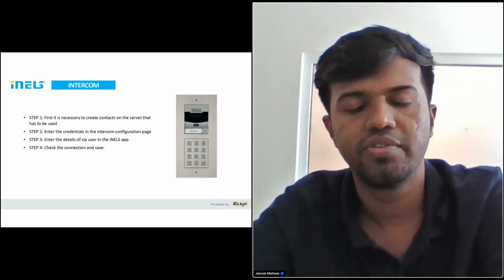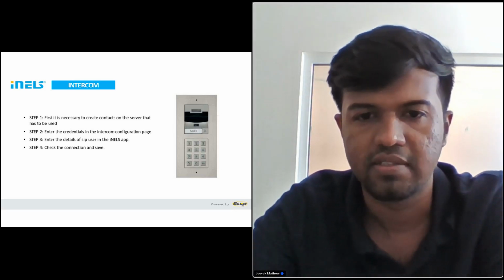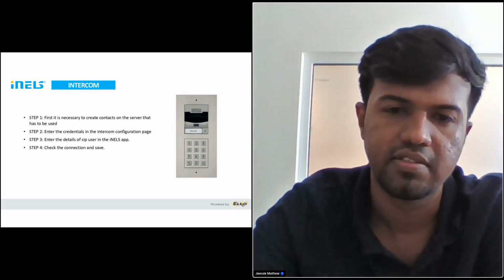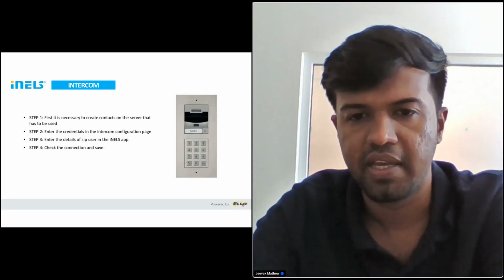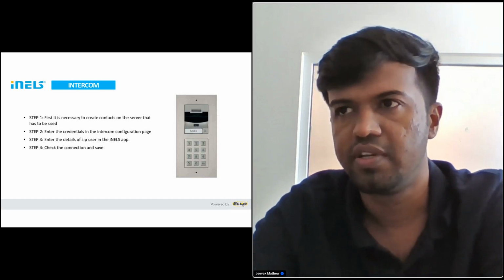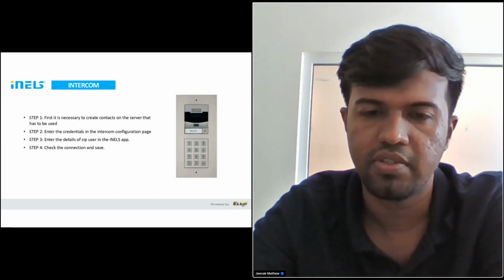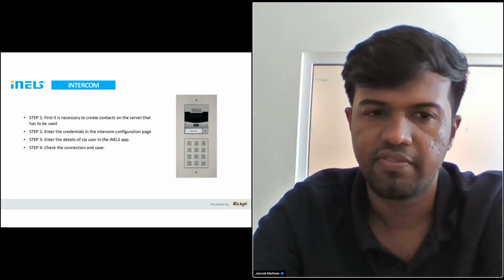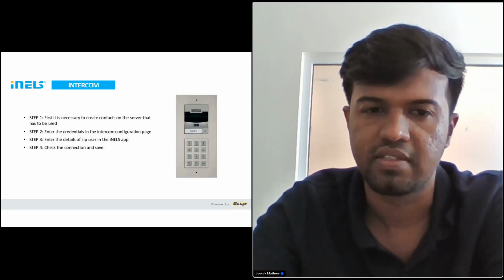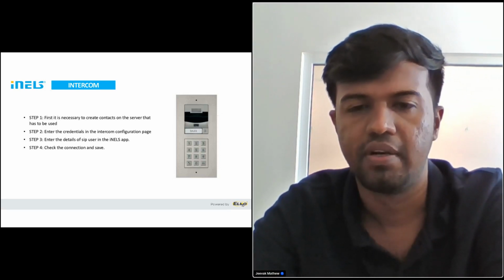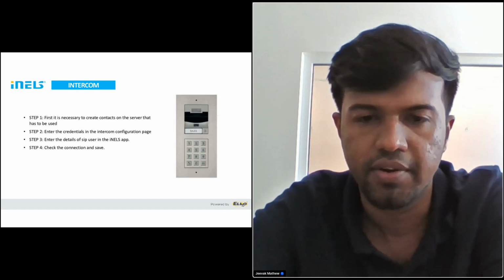Step 2, go to the intercom configuration page and add these contacts, the contacts which you created in the SIP server, and add them to the SIP configuration page in the intercom. To get this configuration settings page, you have to go to the respective intercom brand you chose, and follow the instruction on how to add SIP service or SIP settings in the intercoms.